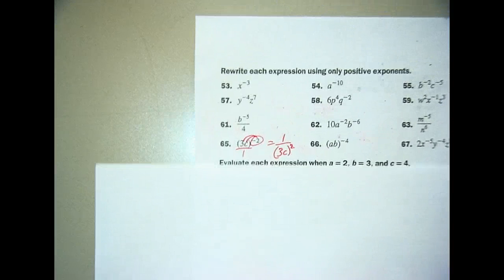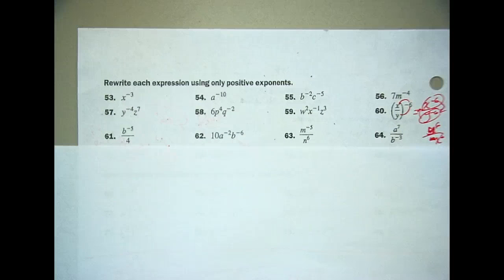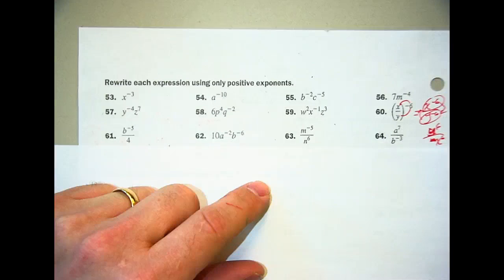Okay, well, let me do one that I think some students might mess up on. 63. Everyone do that one. Okay, go ahead and show your neighbor your answer. Now, here's my answer.